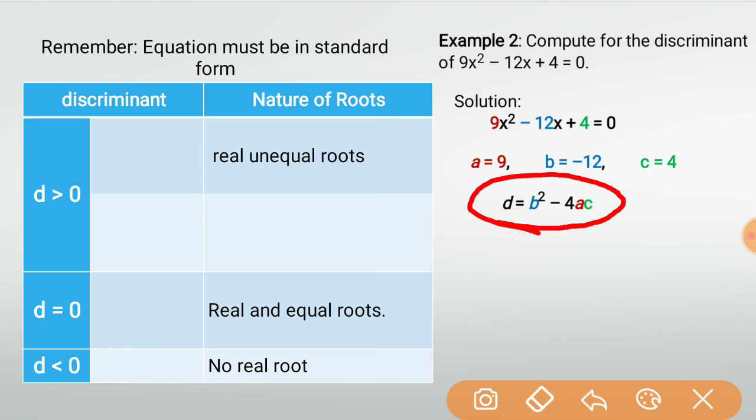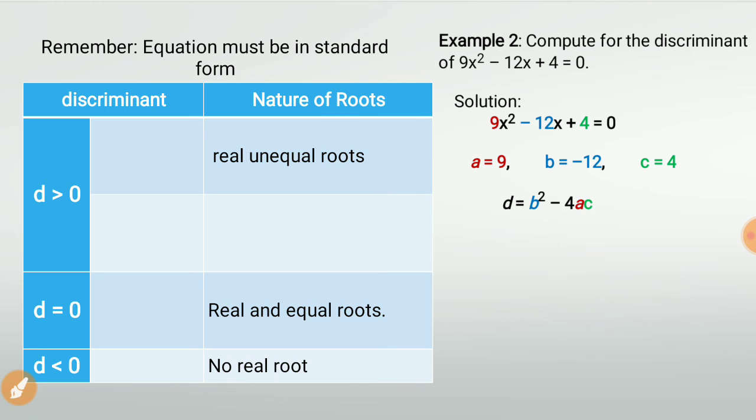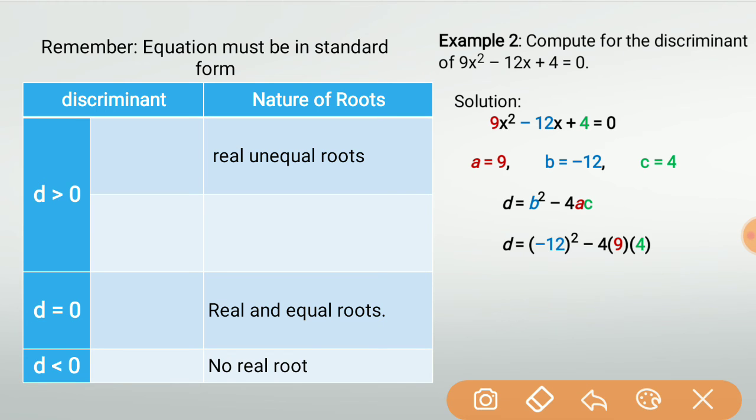In this formula, I am going to substitute the values of a, b and c. So when you substitute the values of a, b, c in the given formula, you will get this equation: D equals minus 12 square minus 4 into 9 into 4.